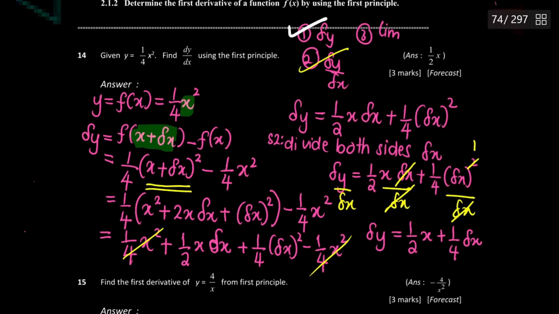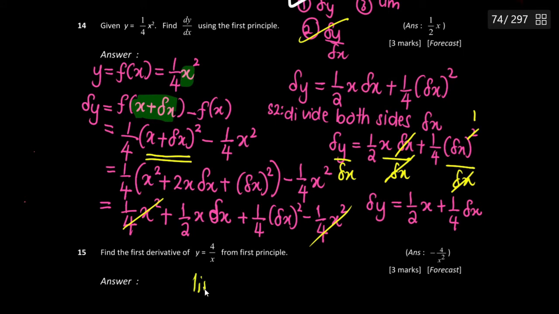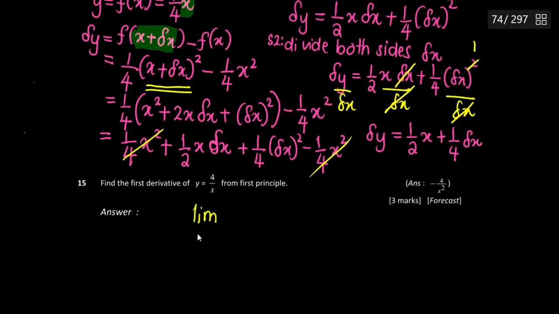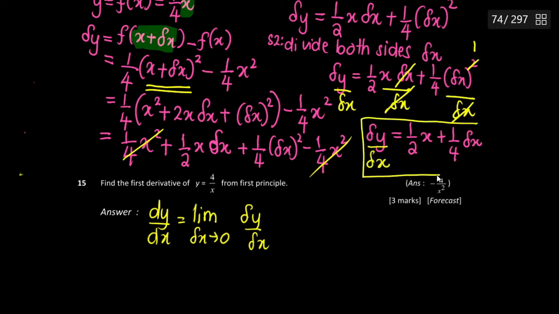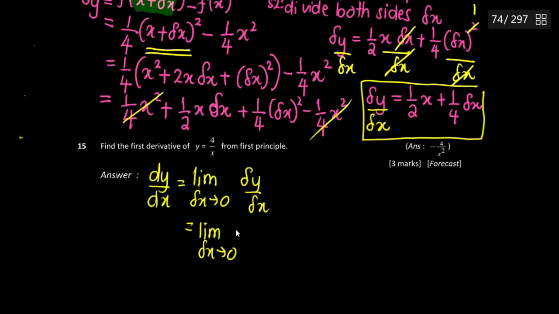Now let's focus on the last step, finding the limit. Finding the limit of delta y over delta x. So the final one we write like this, limit. Now we are finding dy/dx, limit of delta x approaching 0. For this, teacher didn't write here, it's fine. This is going to be copy the entire 1 over 2 x plus 1 over 4 delta x.